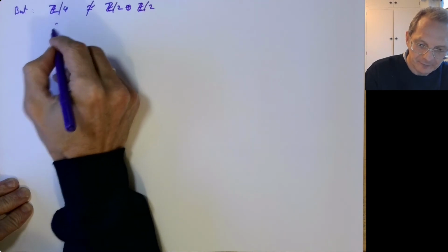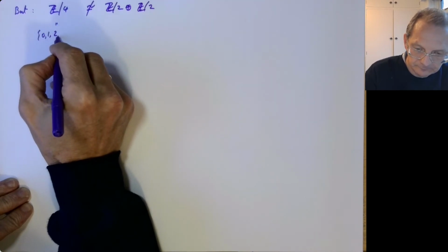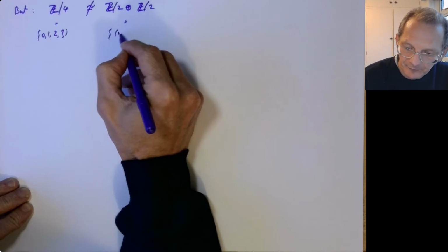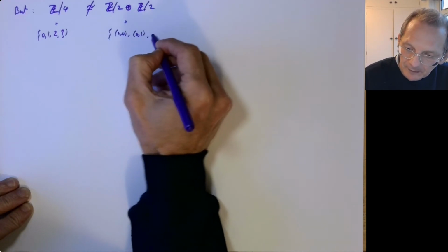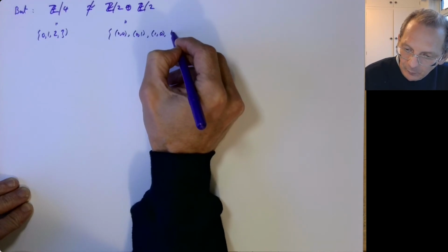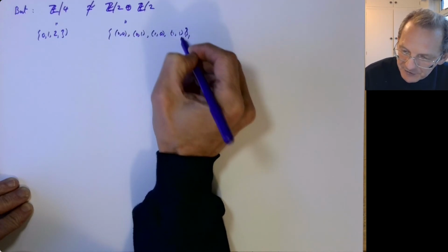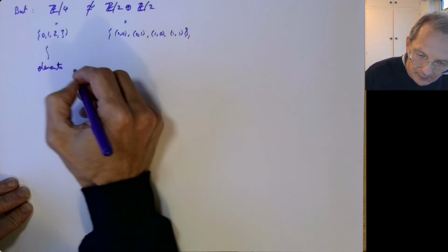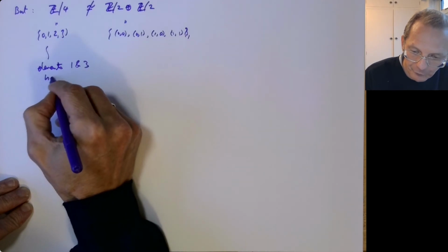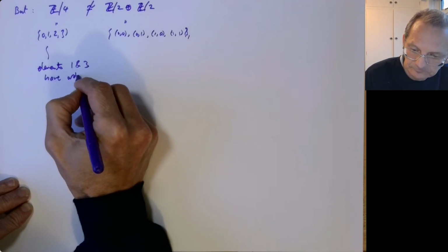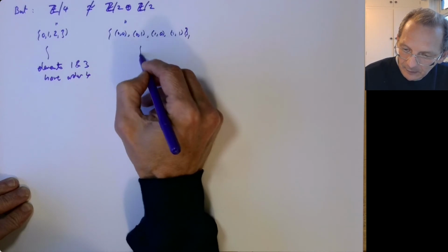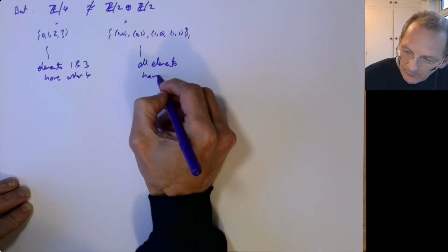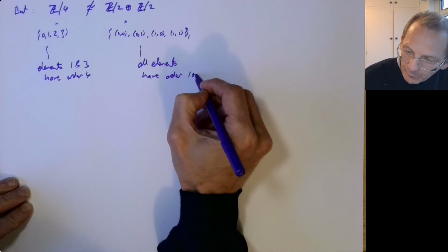Here, this is 0, 1, 2, 3, and this is 0,0; 0,1; 1,0; 1,1 under addition mod 2. So here the elements 1 and 3 have order 4, and here all elements have order 1 or 2.